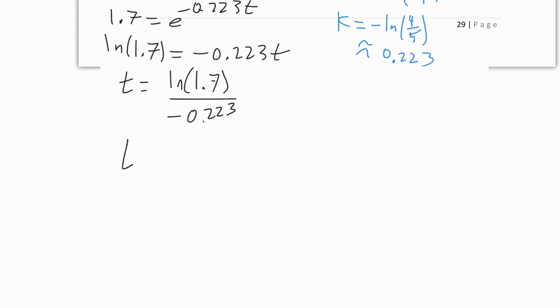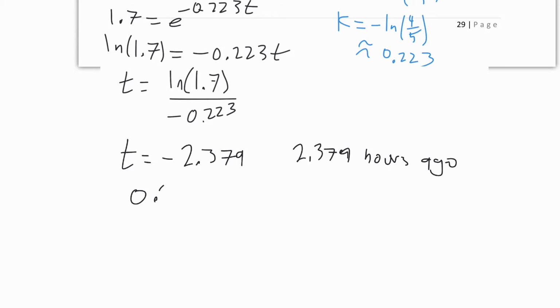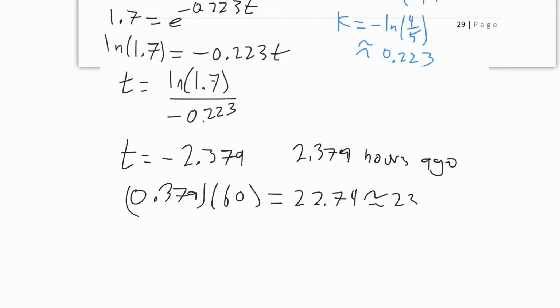So if you go ahead and plug this into your calculator, you should be getting negative 2.379. So what that means is this happened 2.379 hours ago. Let's go ahead and convert this into minutes. Well, it's 2 hours ago and then a little bit of minutes, so 0.379. If we times that by 60, that'll give us 22.74, or approximately 23.